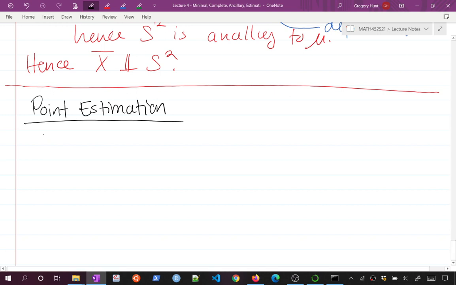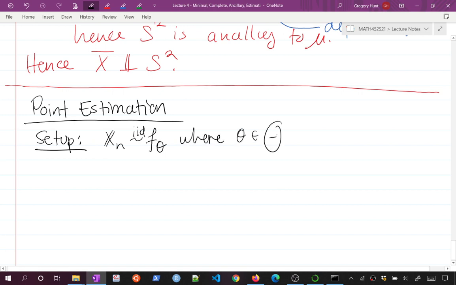So again, our setup here, which we can basically add to every sentence in this whole course, is that we have some data that comes from some distribution parameterized by some parameter theta, and theta is unknown, but it lives in some larger set of possible thetas, capital theta. We could give a definition here.